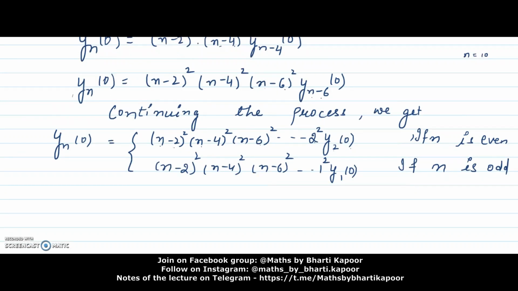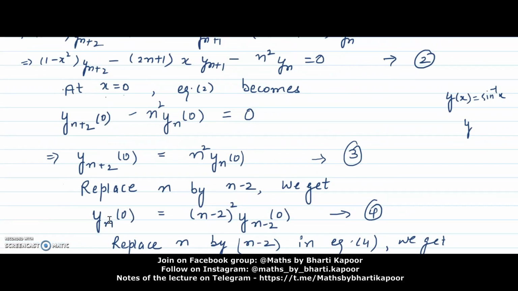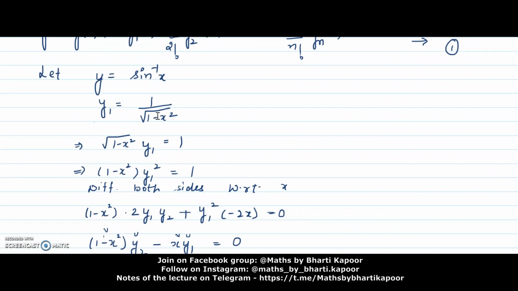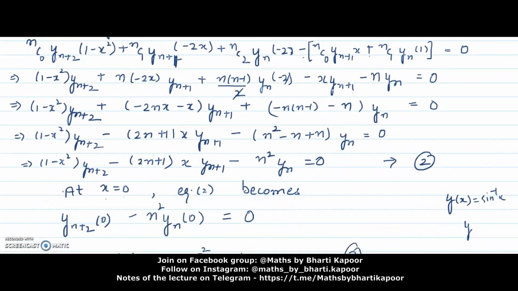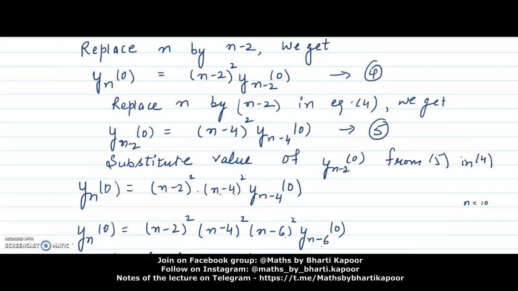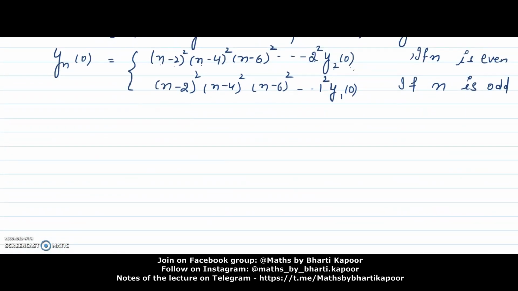So let's find the particular values of yn 0. For that, I need to find the value of y1 0 and y2 0. So what was the value of y1 0? It is y1. When you substitute here x is equal to 0, you will get 1. So the value of y1 0 is 1.